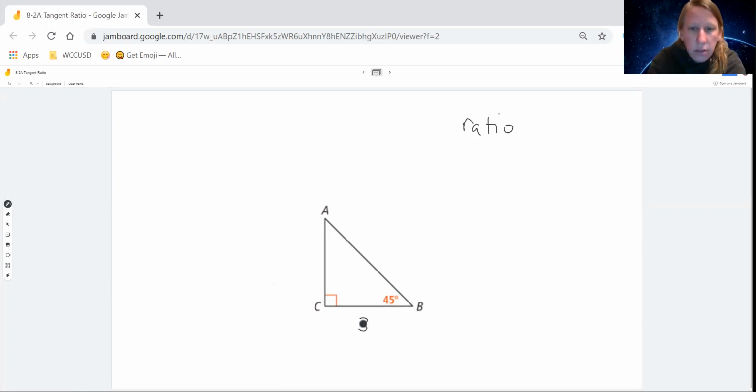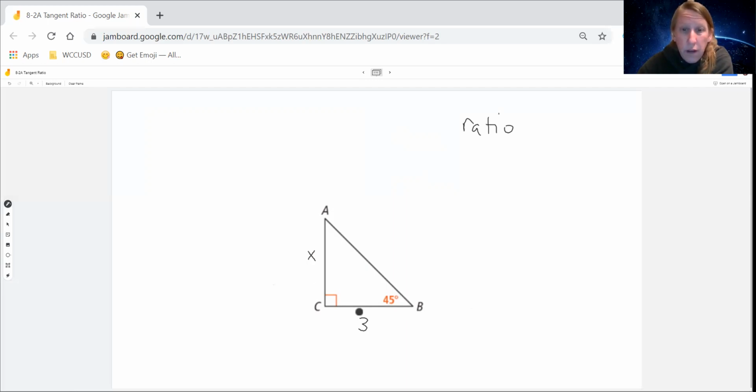We know it's special. And we're going to pay attention to this 45 degrees in the corner. And I'm going to ask you, do we know the ratio of these 2 sides? Do we know how x compares with 3? Do we know what x equals?